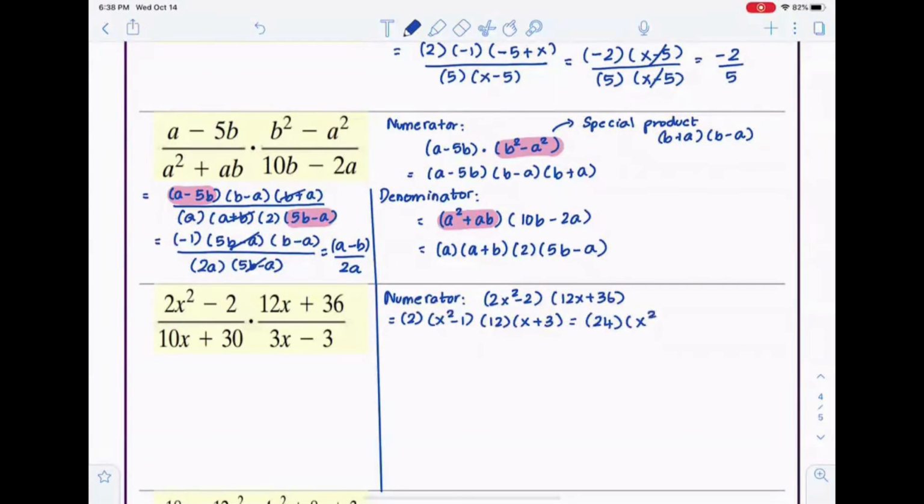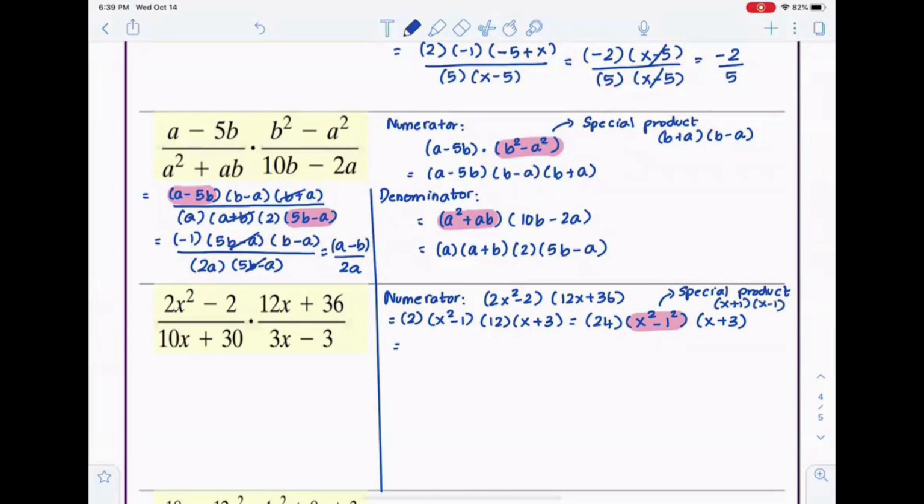X squared minus 1 is the same as x squared minus 1 squared. And you should immediately realize that that is a special product of the form x plus 1 times x minus 1.